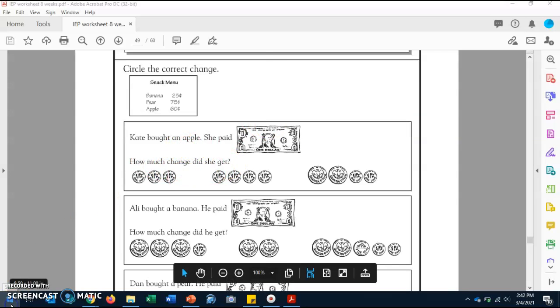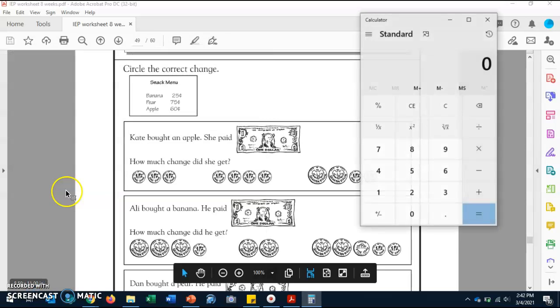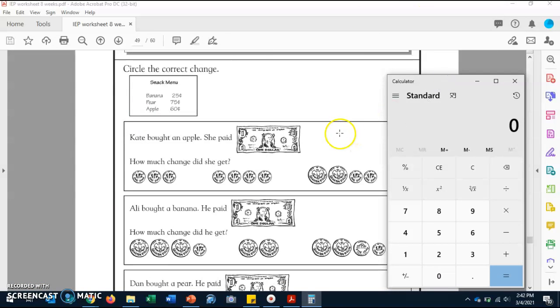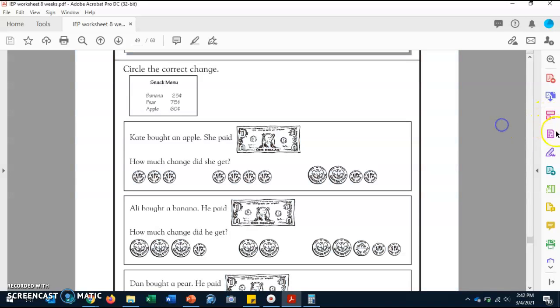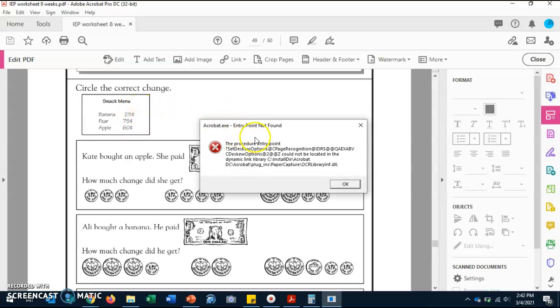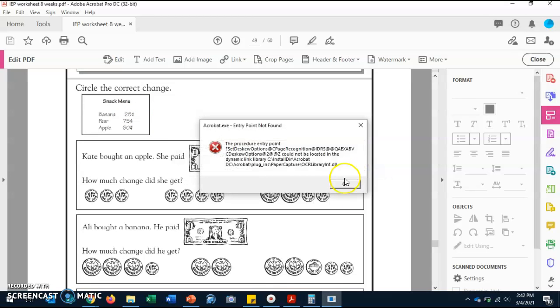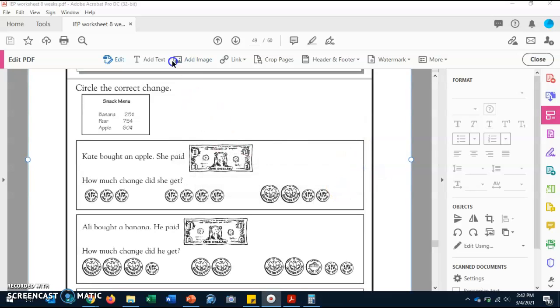So to start off, let's take out our calculator because we will be needing it for this assignment. If we look at our menu, we can find out how much each thing is worth.